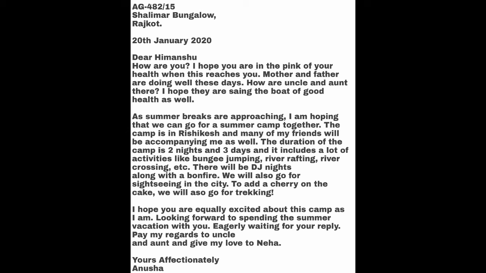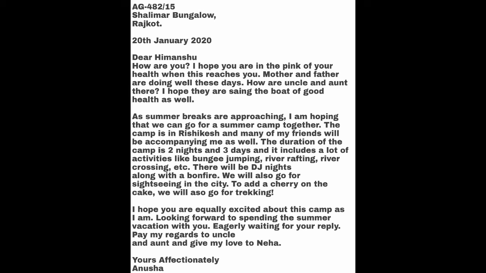So here, which kind of activities they are going to do, what the time duration is, and how many friends and who the people are that are going to join, each and every detail she has given. We will also go for sightseeing in the city. To add a cherry on the cake, we will also go for trekking. She has used one phrase here: to add a cherry on the cake.